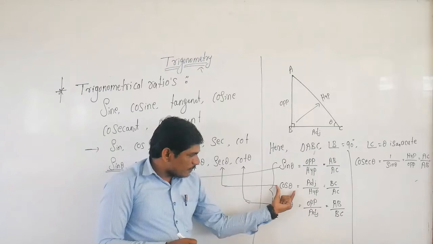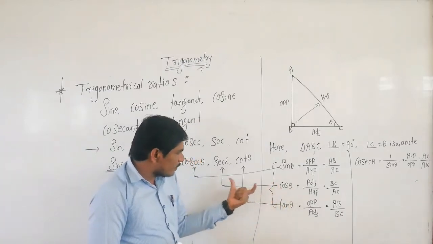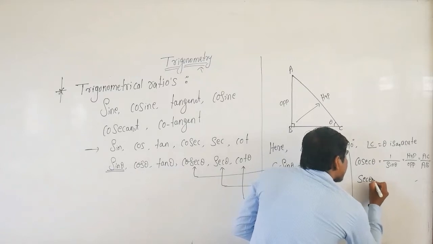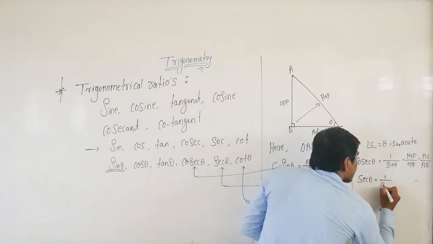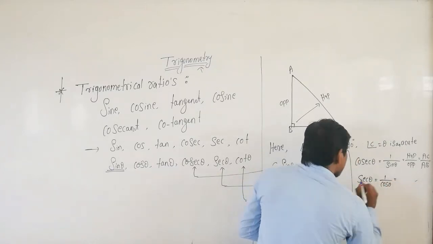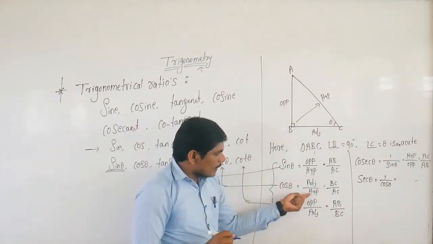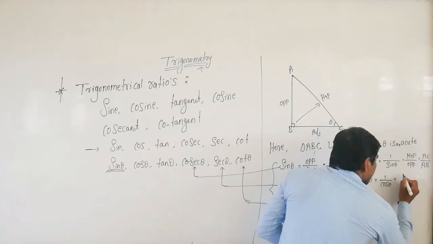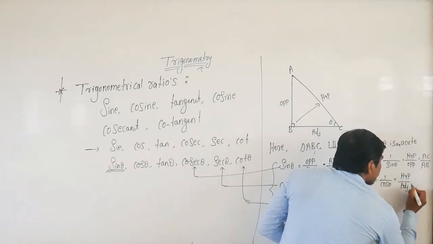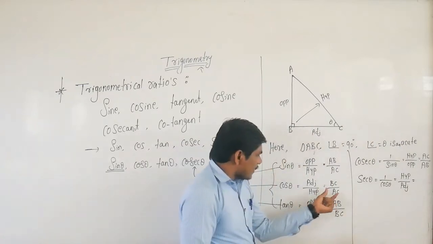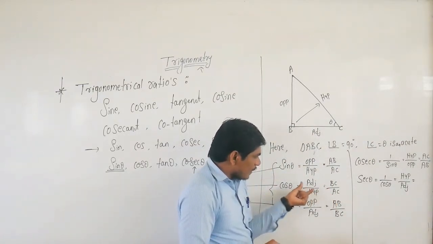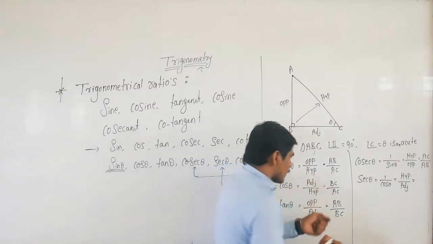Sec is the reciprocal of cos. That's why sec theta is equal to 1 by cos theta, and cos theta is equal to adjacent by hypotenuse. Then you write it in the form of a reciprocal: hypotenuse by adjacent. Here the hypotenuse side is AC and the adjacent side is BC.